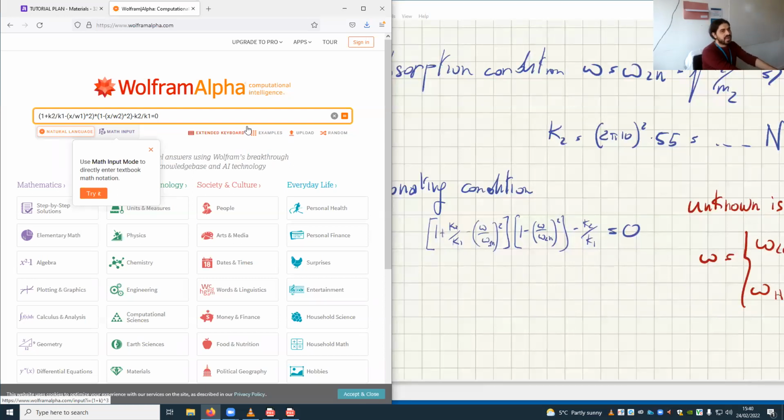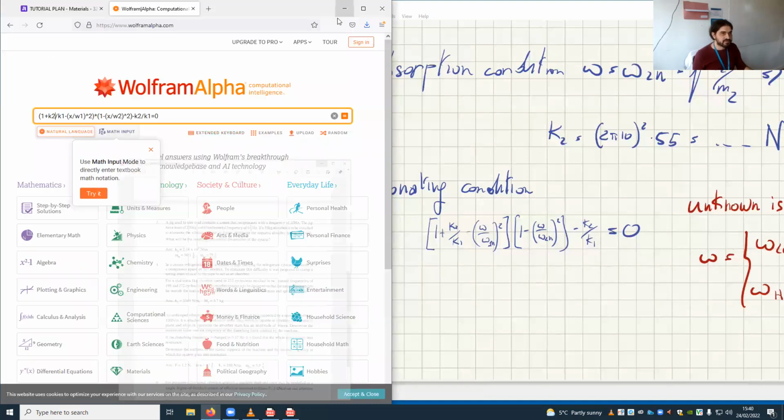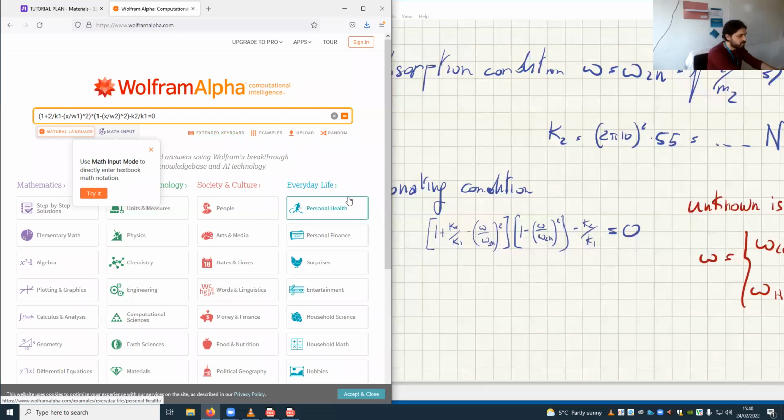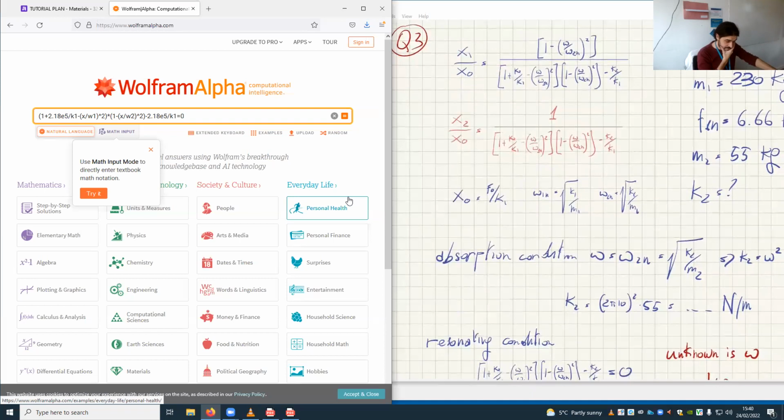Now, I want to put numbers here. So K2 was 2.18 E5. Omega 1 is 6.66.